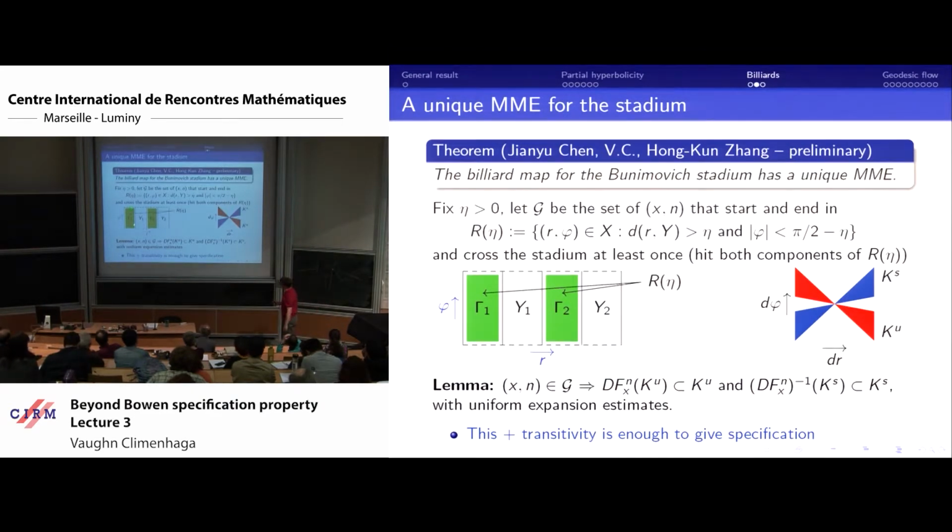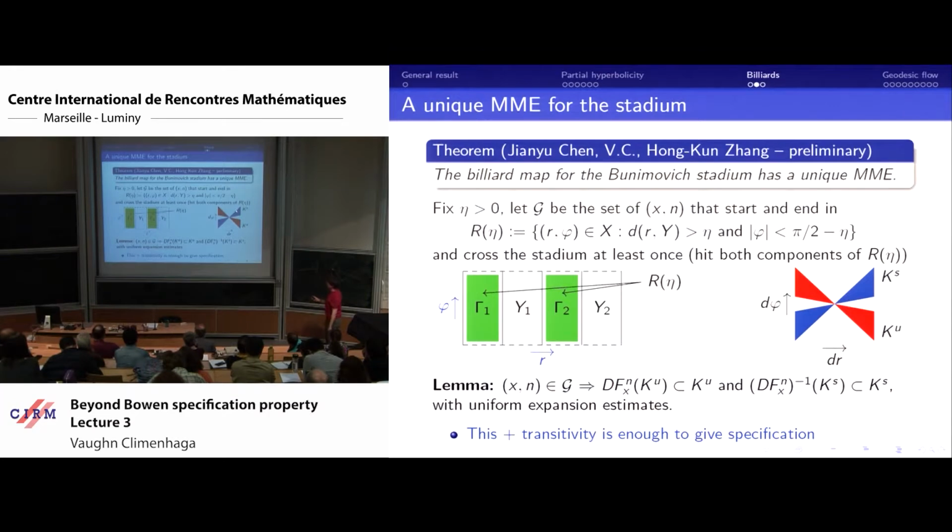So it's these green rectangles here. It has 2 connected components. So these are collisions not with the flat parts, but with the circular parts, which are what generates hyperbolicity. And I also want to consider orbit segments that cross the stadium at least once, by which I mean they hit both of these connected components of R eta.